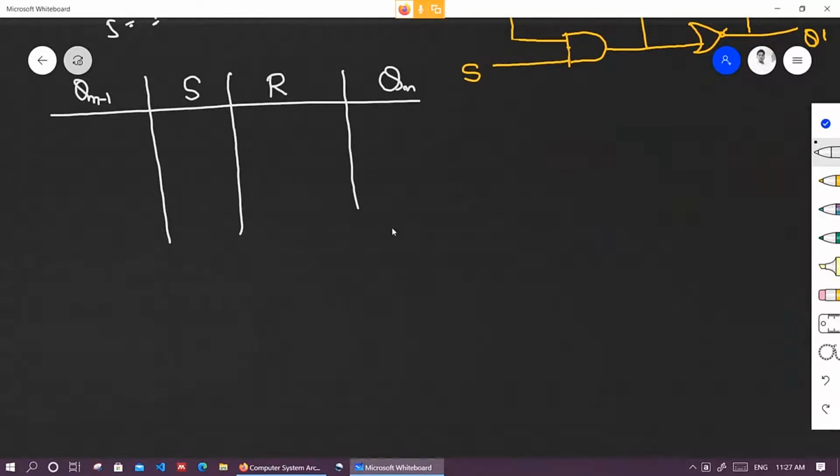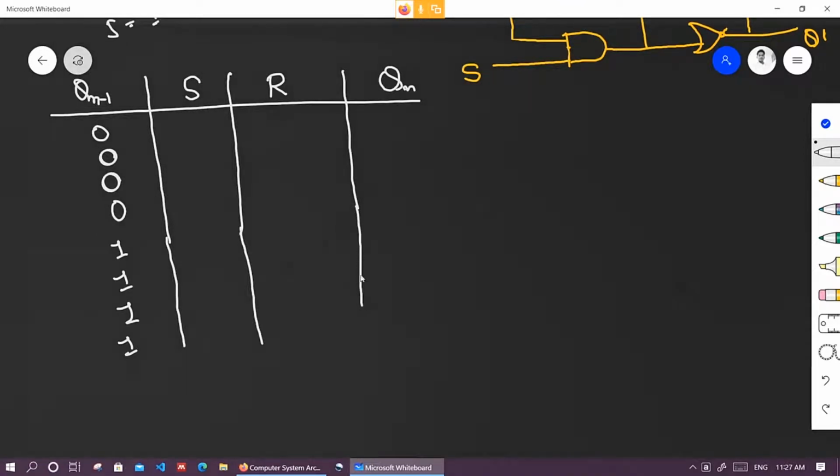So this is 0 0 0 0 1 1 1 and 1. Now coming to the S input. The S input will be 0 0 1 1, then 0 0 1 1.